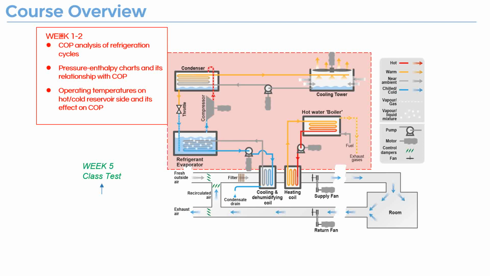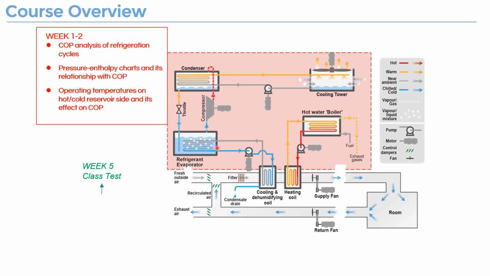But for week 1 and week 2, we're actually looking at refrigeration. Because we want to cool down the water that's going through these cooling coils, we are wondering how we can cool down this cold water. It's basically by having these refrigerants, and as we learned in thermodynamics, we have this cycle. You go into the compressor and go to the condenser.